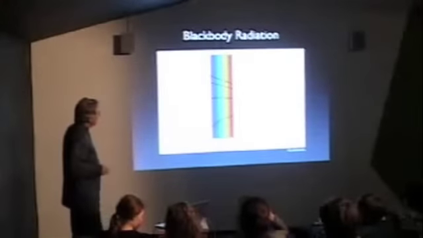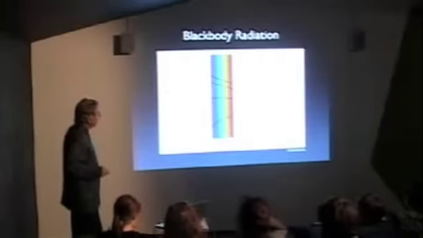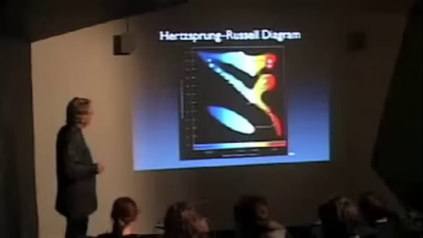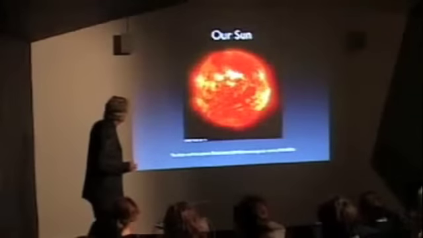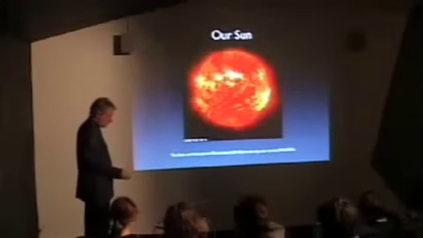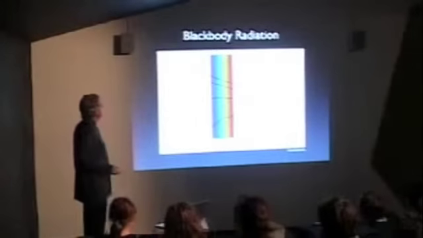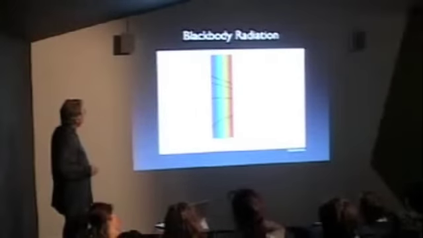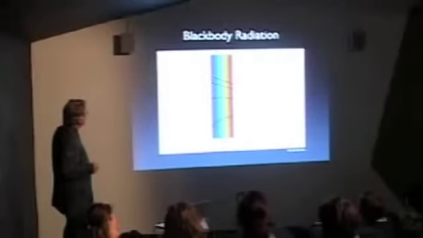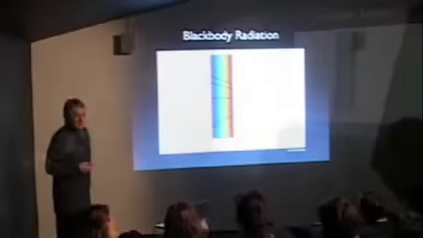Stars that are much cooler, let's say this temperature, 3,500 degrees, their peak is in the red and into the infrared. Whereas stars that are very hot, their peak is in the blue and into the ultraviolet.